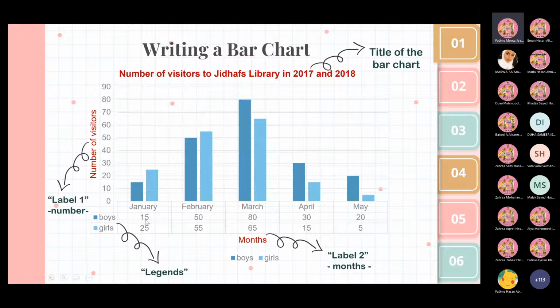You mean April? Okay, great job, Iman. Okay, say it. 15 boys visited the library in January. But it's okay, 13. Great job, Iman. Well done.